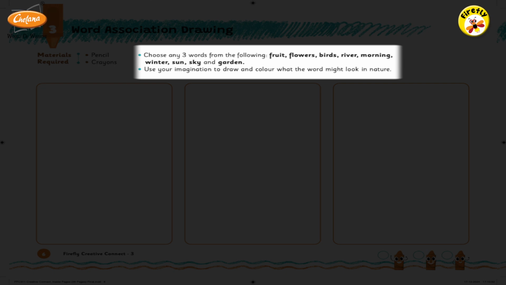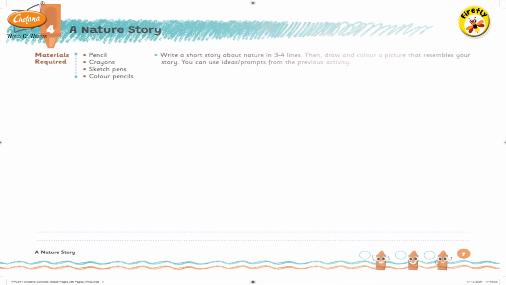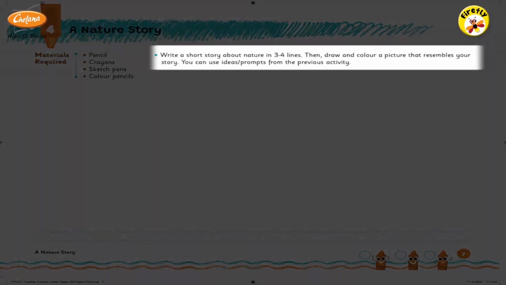And finally, I love this one, the nature story. Write a short story about nature, just 3 or 4 lines, not more than that. And then draw and color a picture that resembles your story. You can use ideas or prompts from the previous activity. Isn't that a wonderful way to learn language?